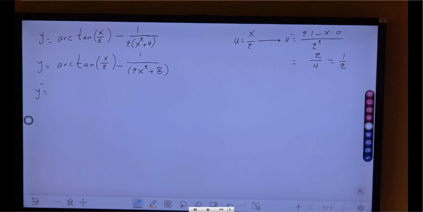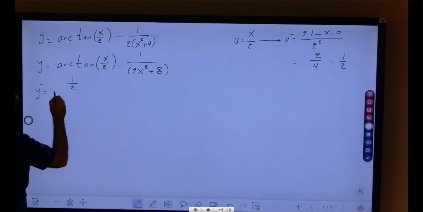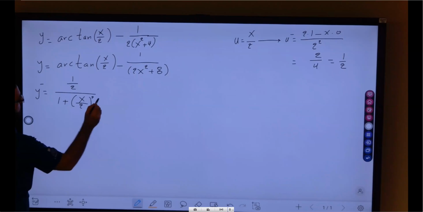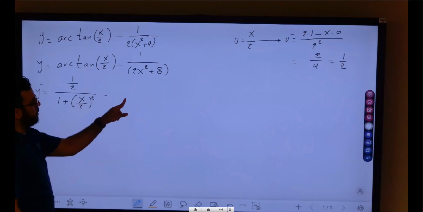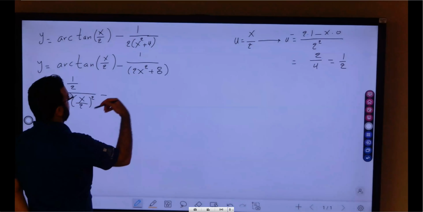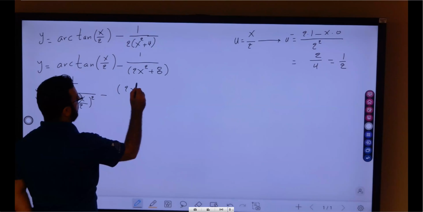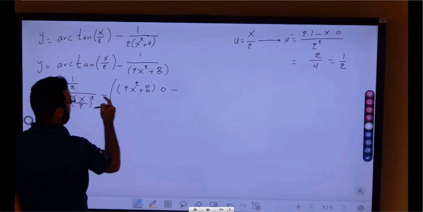So half of arctangent x over 2, u prime, which is half over 1 plus u squared, which is x over 2 squared. Minus, this is only this part, the quotient rule: the bottom one times the derivative of the top one, there's the bottom one, times 0 minus, and be careful, the minus for everything here.